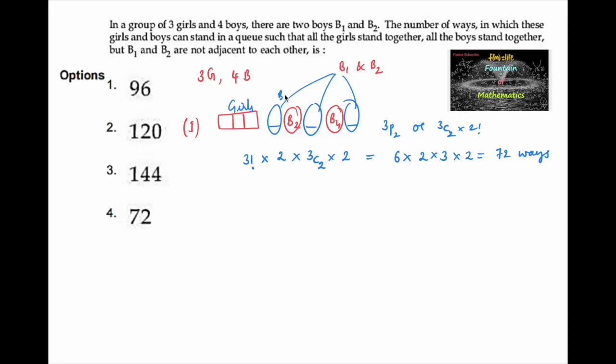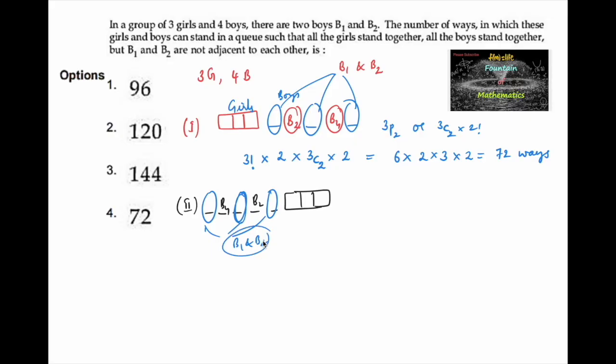Similarly, in case 2, the 3 girls will be standing at the back and the boys here. B3 and B4 can be placed here, so that we'll have 3 gaps, 1, 2, 3, where B1 and B2 can be placed separately.